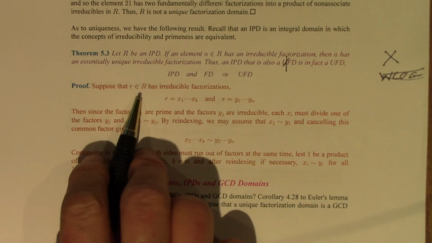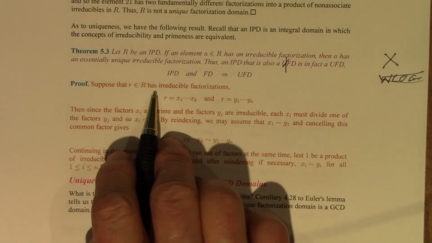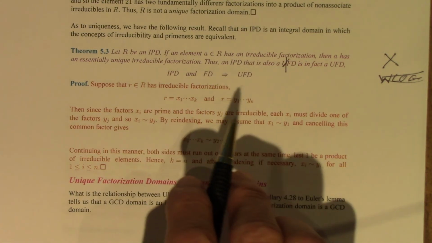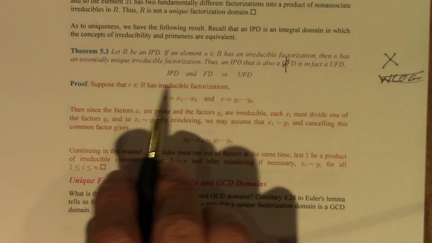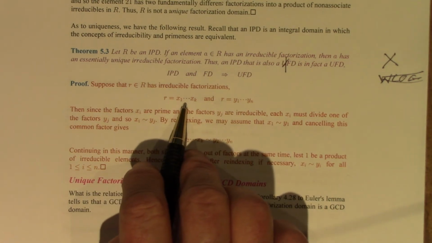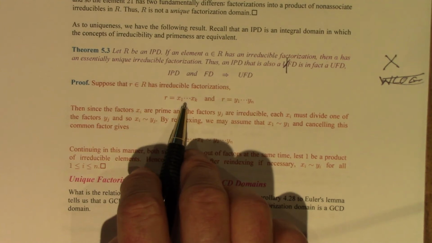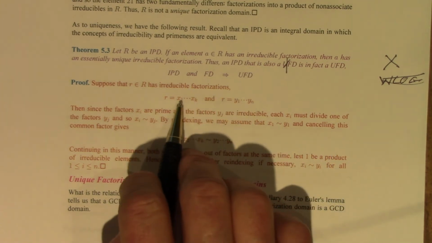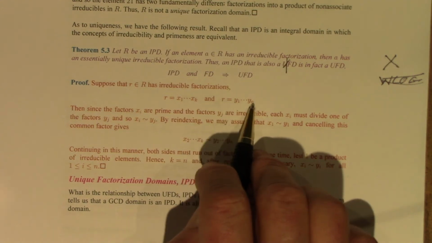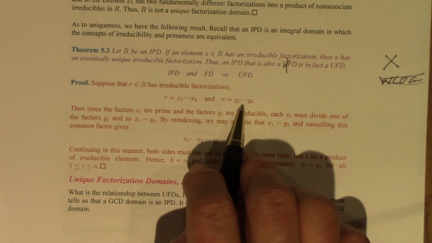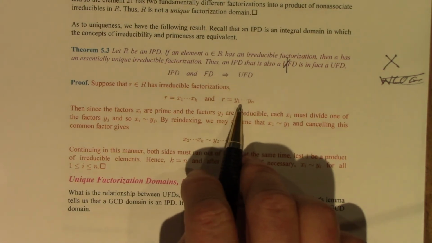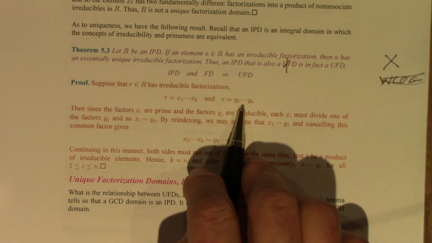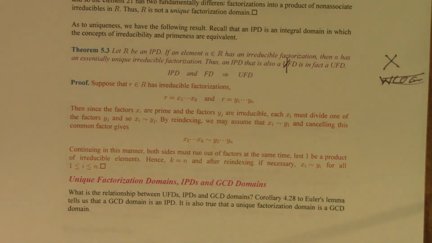As to proof, suppose that an element r has two irreducible factorizations. Well, the x_i's are prime. They're irreducible, therefore prime, in an IPD. And so x_i divides this product, therefore it divides, let's say, y_j. But both x_i and y_j are irreducible, so the only way x_i can divide y_j is if they are associates.